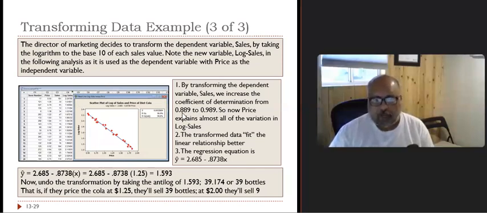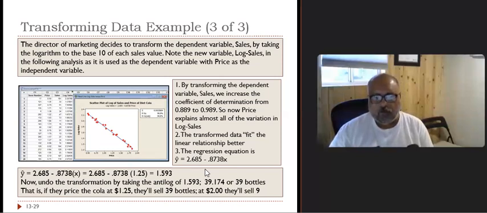So we can take the log of that, and we change this. Once we transform the data, the transformed data fits better as far as the linear relationship is concerned, so it basically improves the fit of the line through the data points.